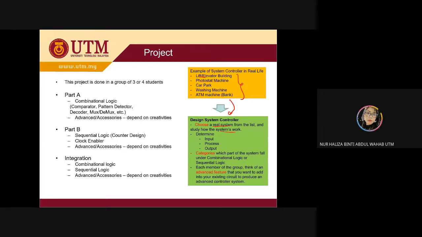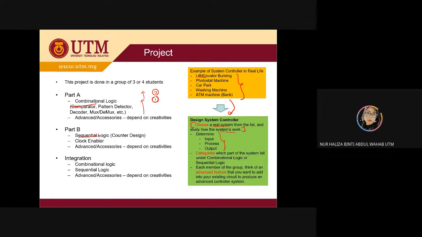For the lift, let's say if someone clicks 1, how will your lift go to level 1? If someone clicks 2, how will your lift go to level 2, and so on? So you need to figure out how the existing scenario relates to your combination logic and your sequential logic, and you're going to integrate it.